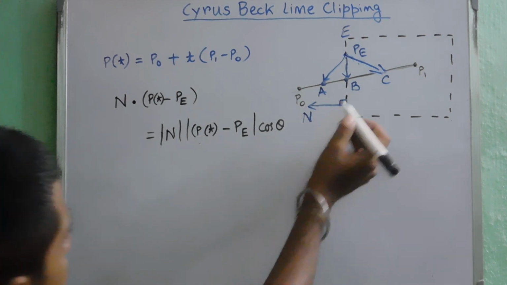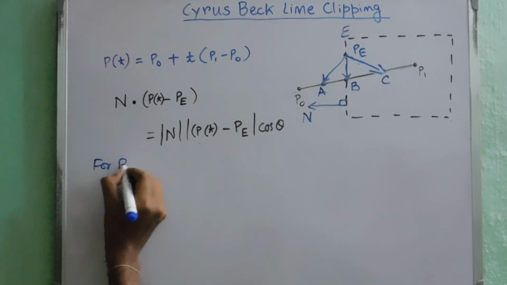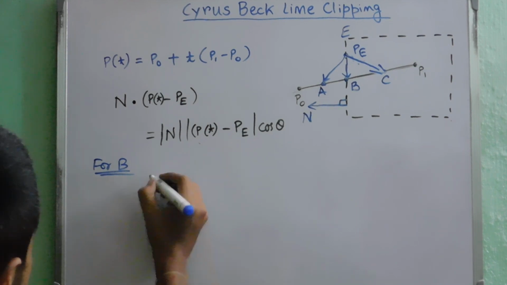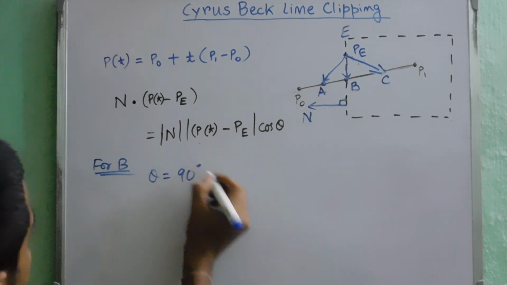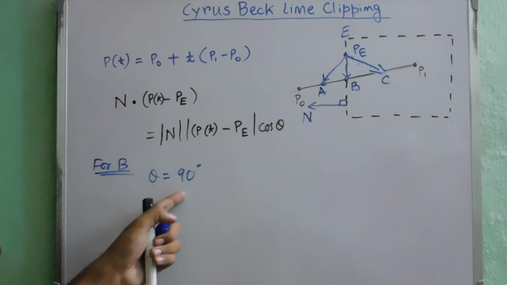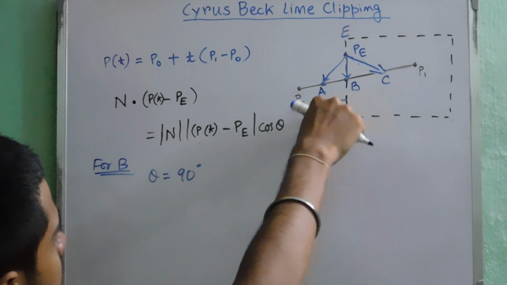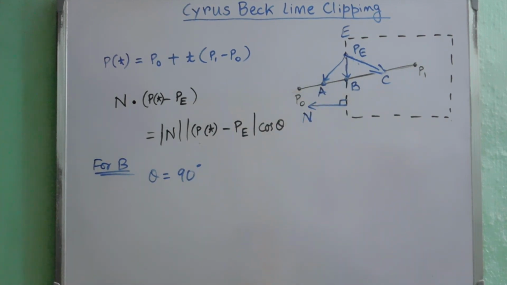Now for the point B, which is at the intersection of the line and the rectangular window, we have theta equal to 90 degrees, because the vector is coming this side and the normal is moving perpendicular to the vector.